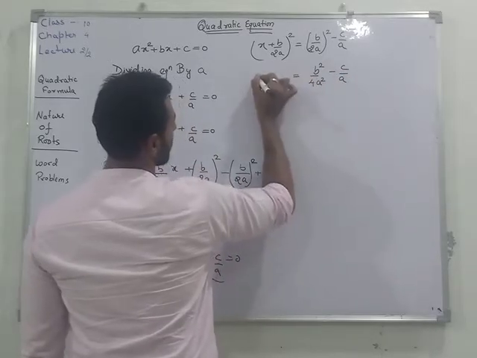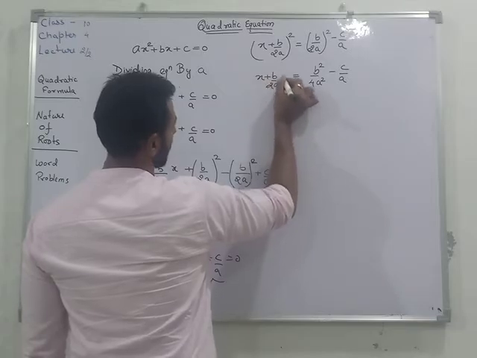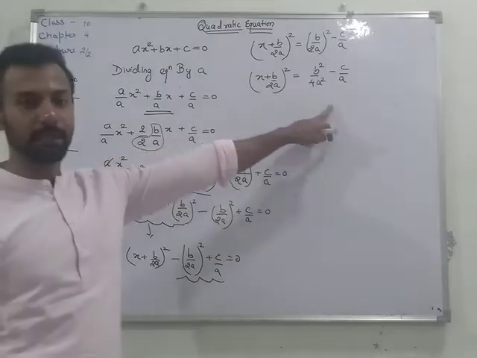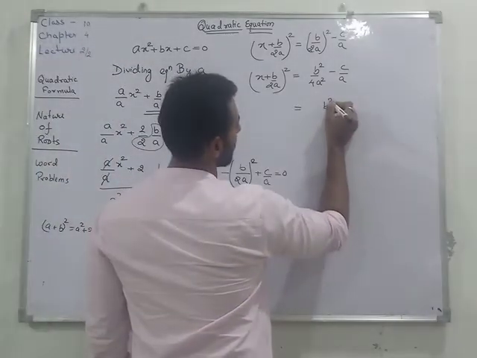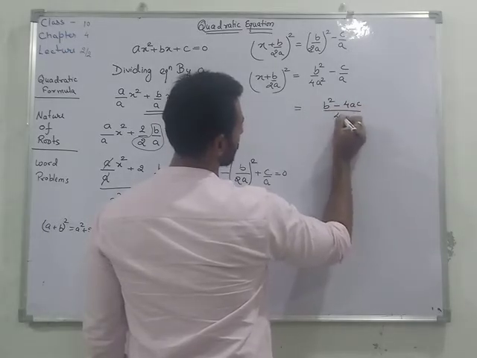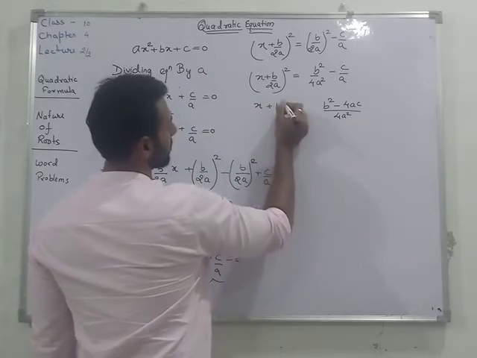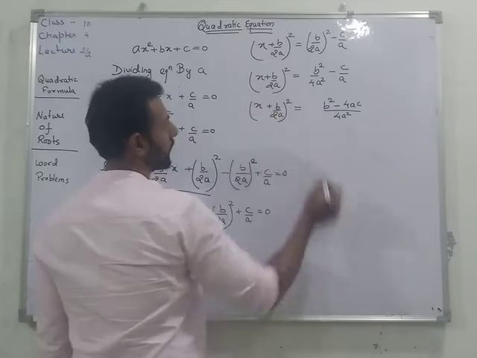Taking the LCM and solving it, we get b square minus 4ac upon 4a square, equal to x plus b by twice of a whole square.